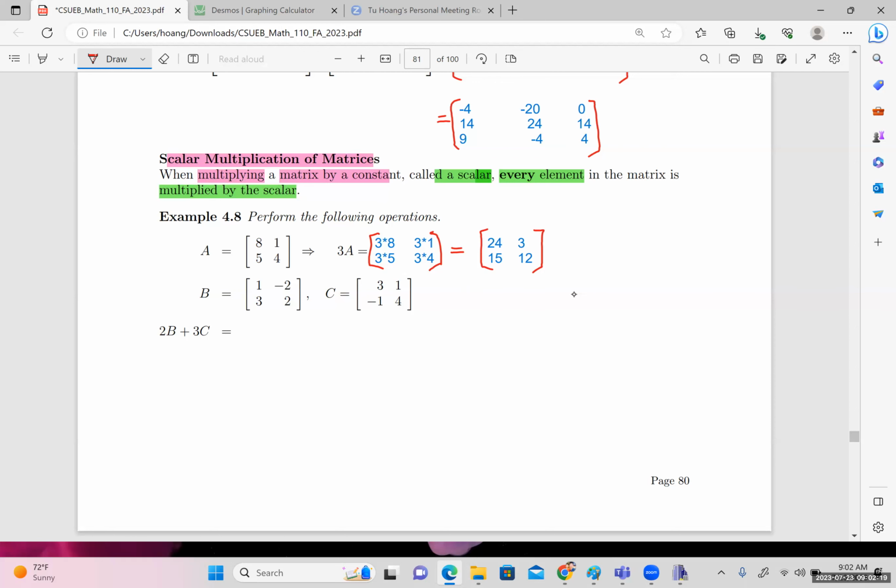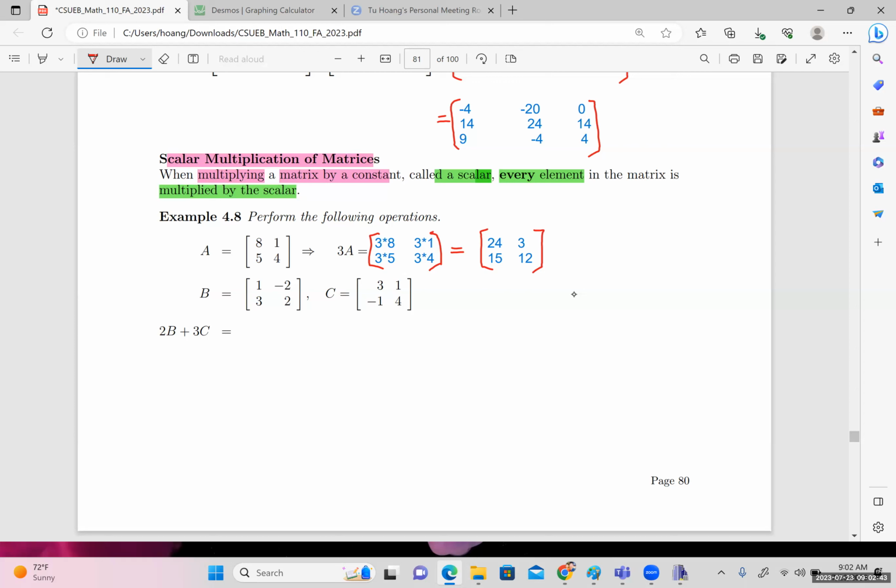If we have a combination between scalar multiplication and additions, we can just follow the order of operations and multiply the scalar first and then add the matrices.